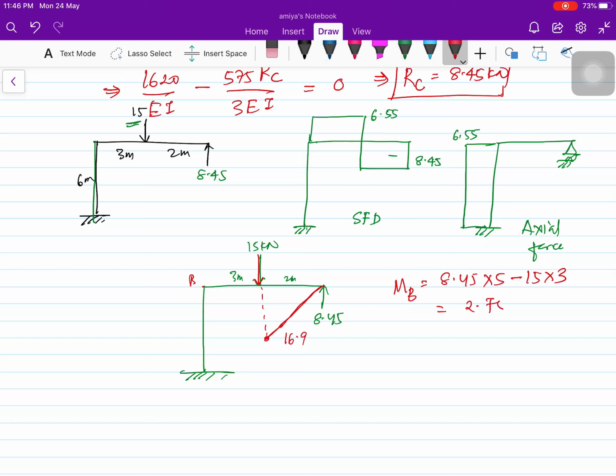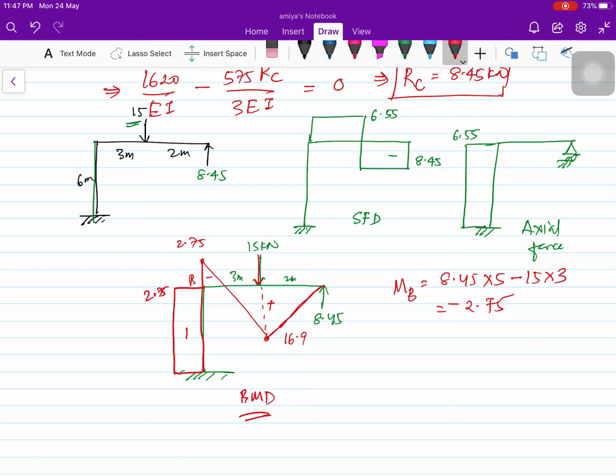This gives a negative of 2.75. So somewhere here, let's put negative 2.75. Okay, this is negative. Now the same moment will come here, because this will go to the support. It's 2.75. So this is your bending moment diagram.